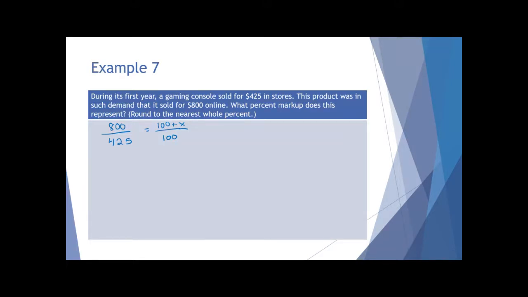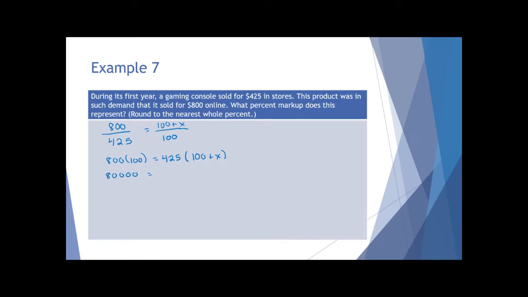When I multiply my diagonals, I have 800 times 100, and then I have 425 times 100 plus x. I have to put the 100 plus x in parentheses because that 425 is going to be multiplied by everything there.